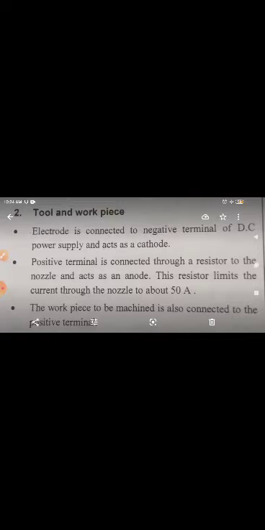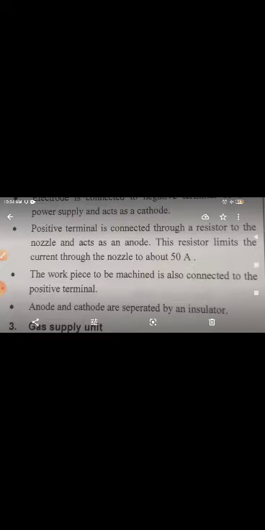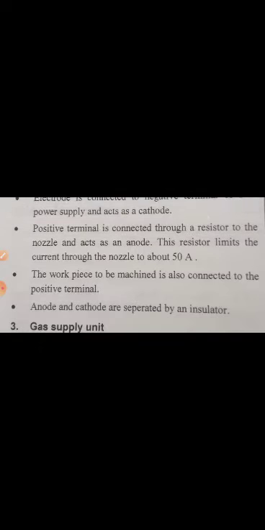The positive terminal is connected through a resistor to the nozzle, which acts as an anode. This resistor limits the current through the nozzle to about 50 ampere. The workpiece to be machined is also connected to the positive terminal. Anode and cathode are separated by an insulator, which we have seen.